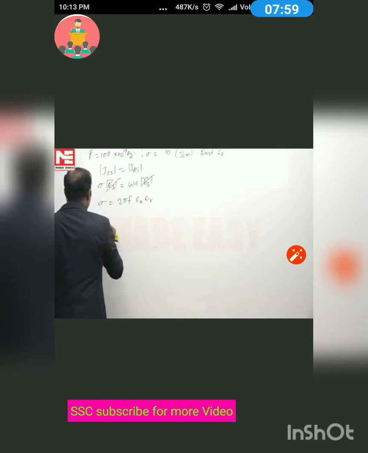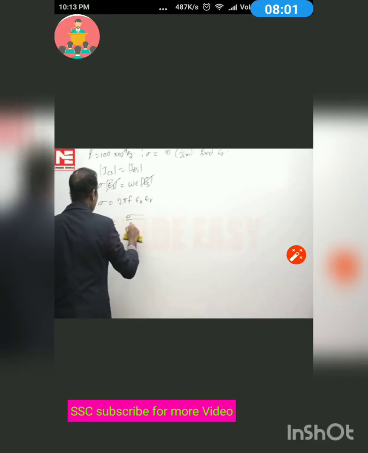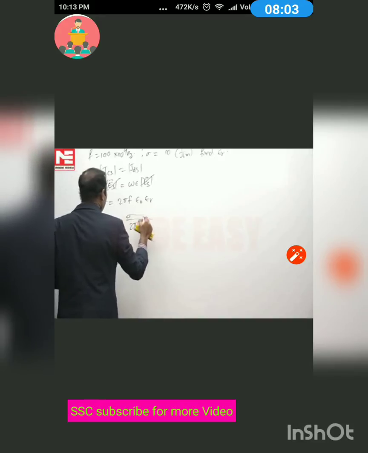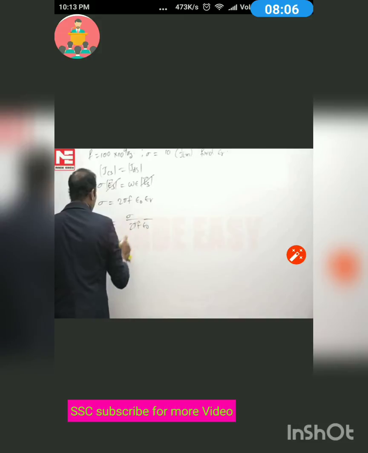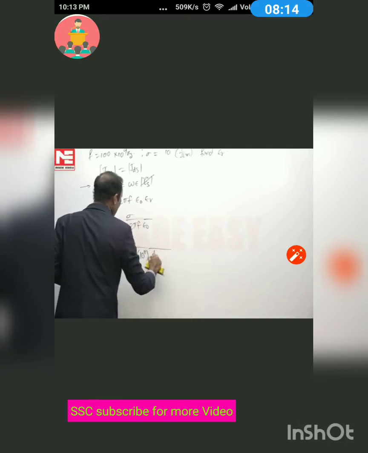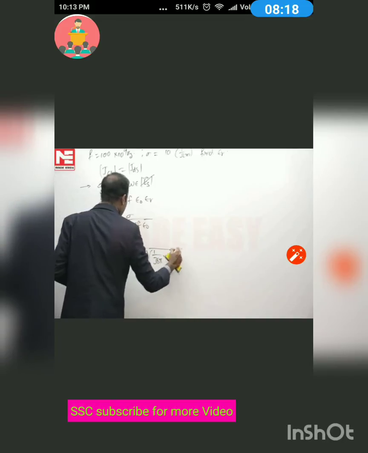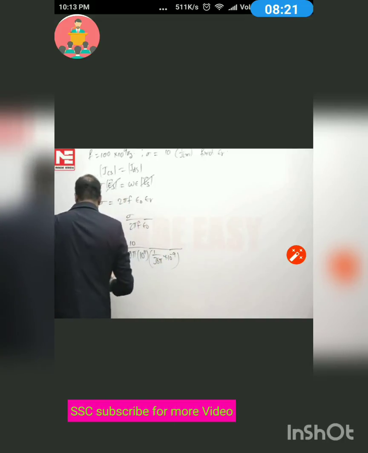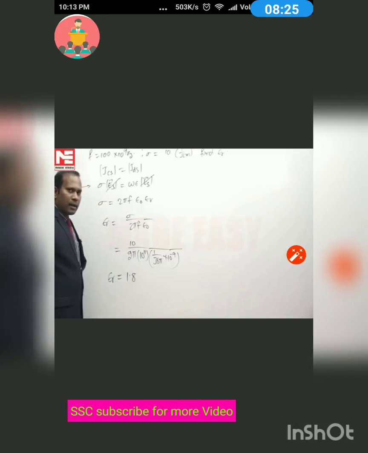From this, epsilon r is equal to sigma by 2 pi f epsilon naught. The sigma value given is 10, 2 pi, frequency is 10 power 11, and epsilon naught is 1 by 36 pi 10 to the power minus 9. From this, the epsilon r value is 1.8 and the option is C.